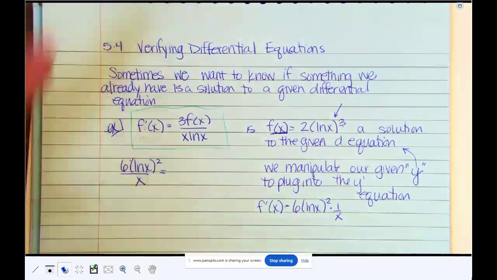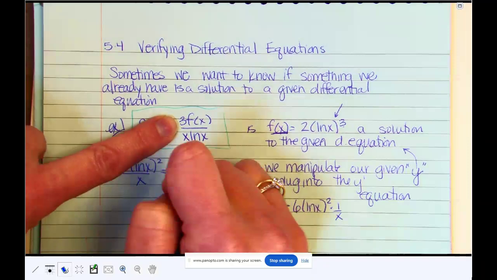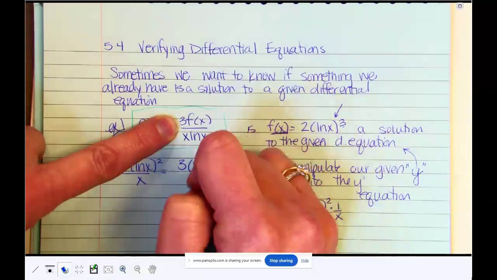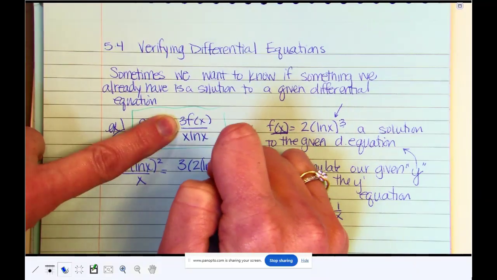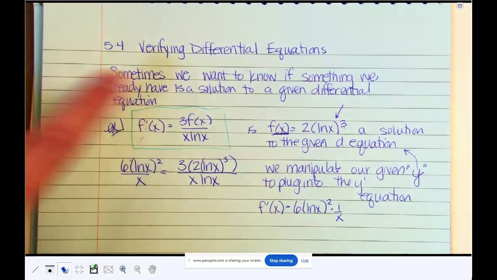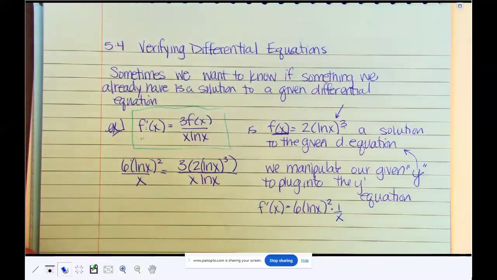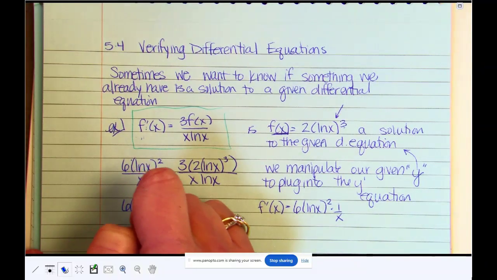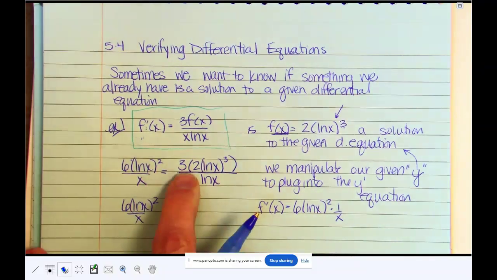We want to know, is this equal to 3 times f of x over x times natural log of x. So this is 6 natural log of x squared over x. When I simplify this, this is 6.